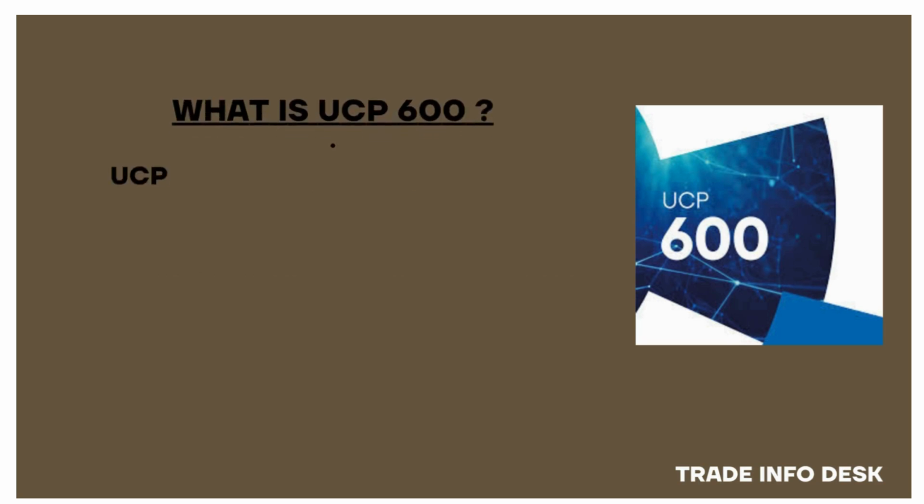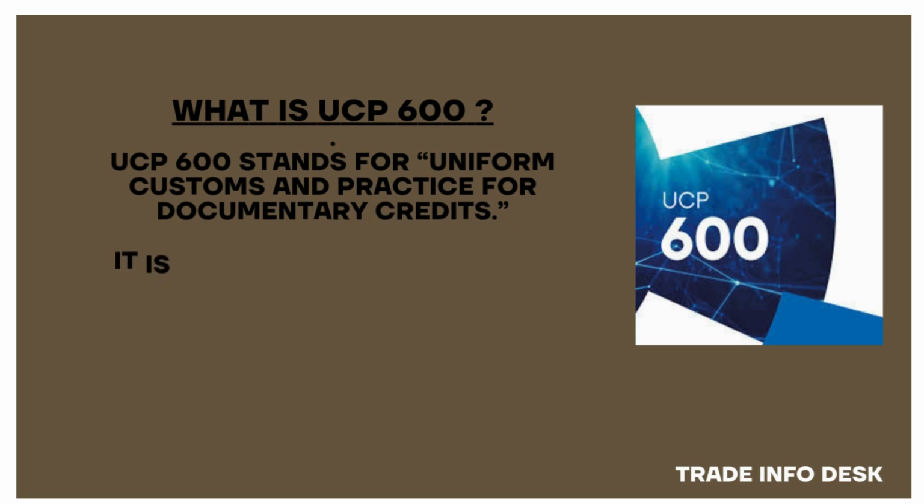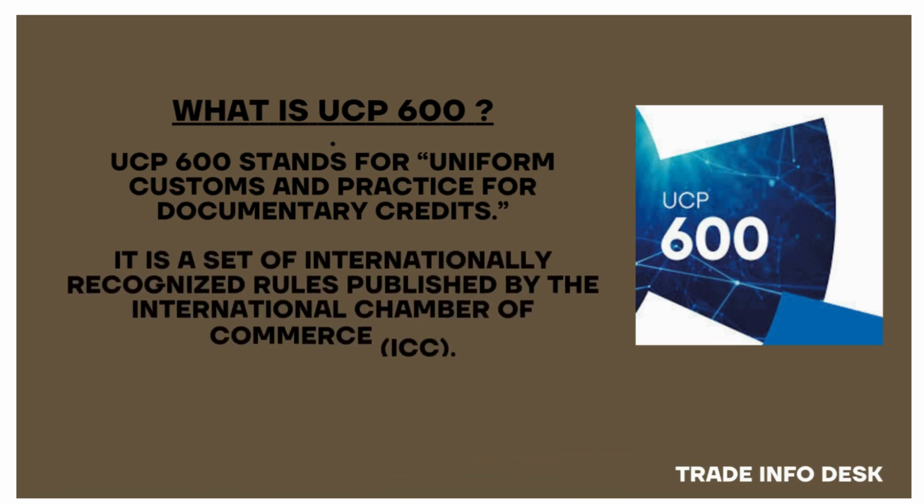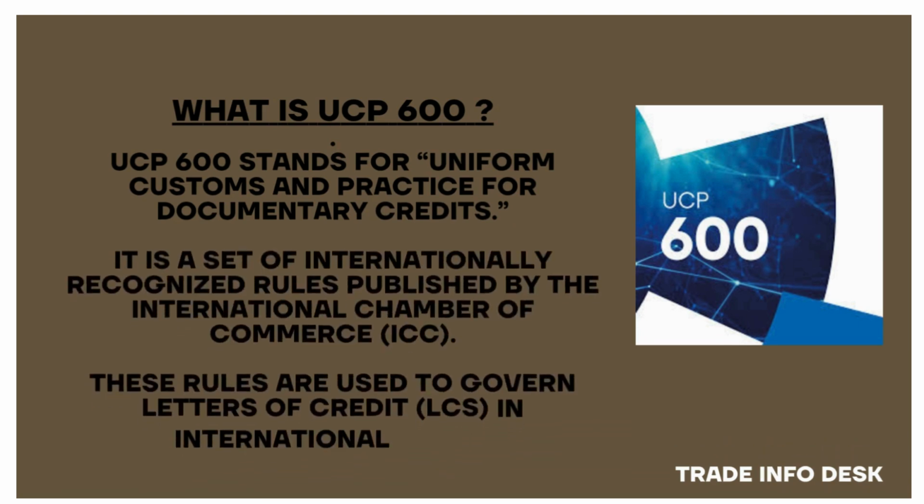What is UCP 600? UCP 600 stands for Uniform Customs and Practice for Documentary Credits. It is a set of internationally recognized rules published by the International Chamber of Commerce, ICC.